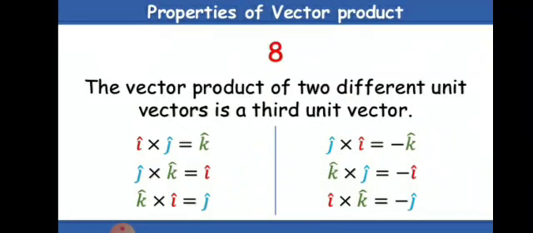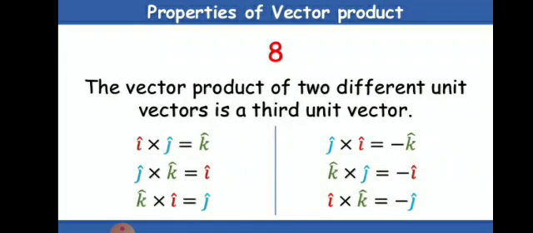Next, the vector product of two different unit vectors: you will get a third unit vector. The vector product of two different unit vectors is a third unit vector. That is the case: I cap cross J cap is equal to K cap. J cap cross K cap is equal to I cap.